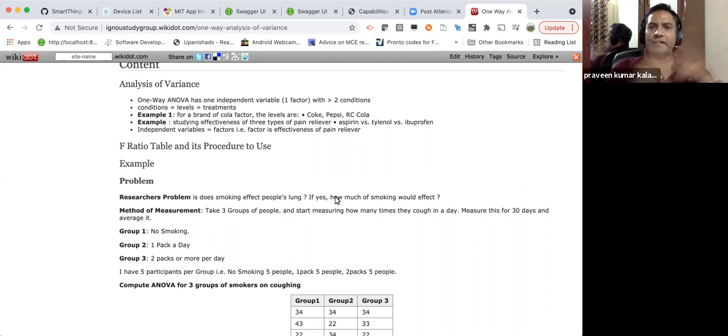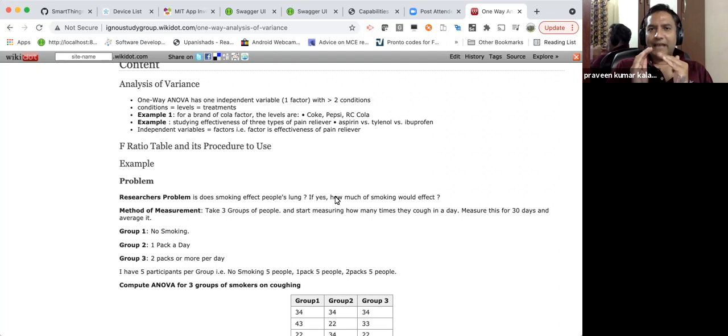So what is the factor there? Smoking is the only factor, right? And you are checking the lung health based on that factor. So that's what you are trying to achieve using ANOVA.